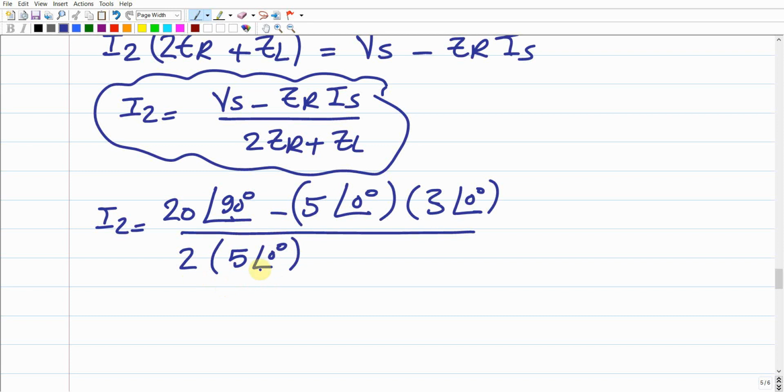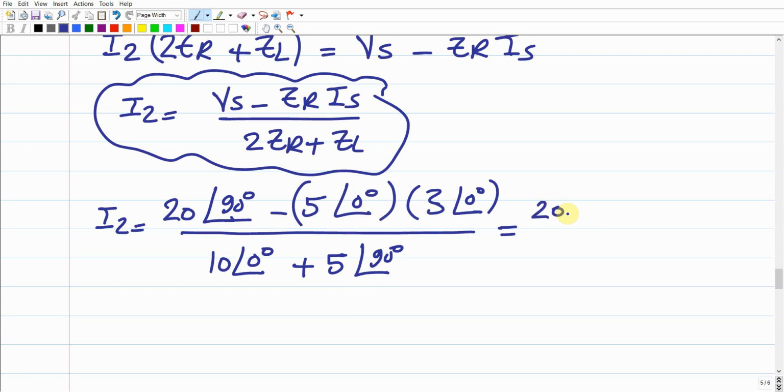So this term can be written as 10 angle 0, right? This is the double of ZR, plus the ZL, which is 5 angle 90, since we're going to write it in the phasor form. This is the ZL.